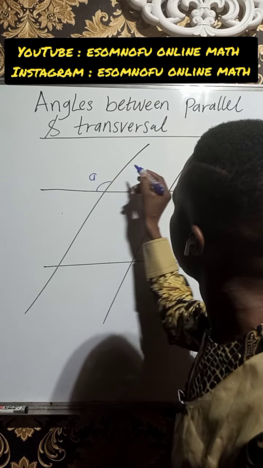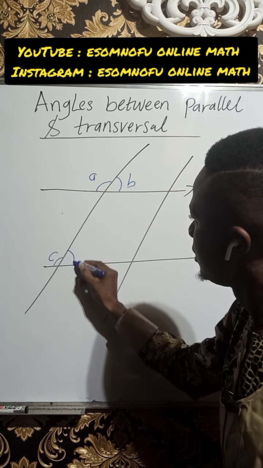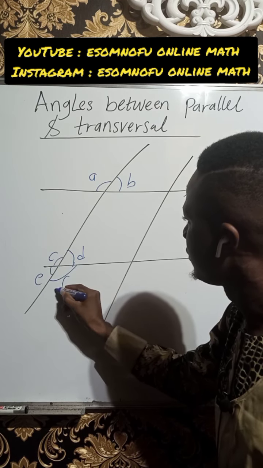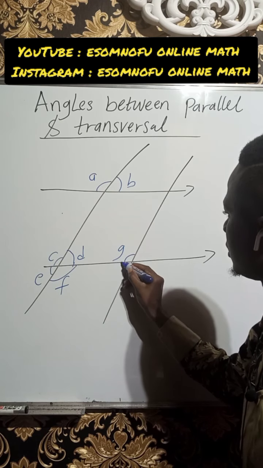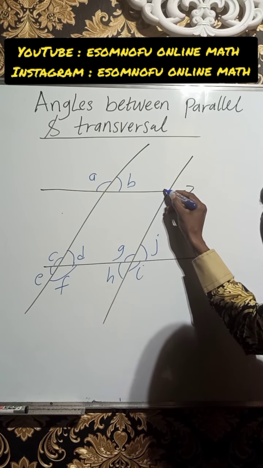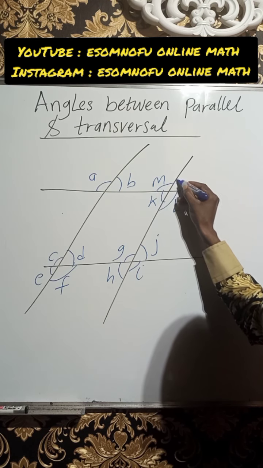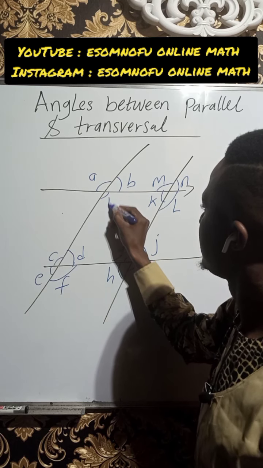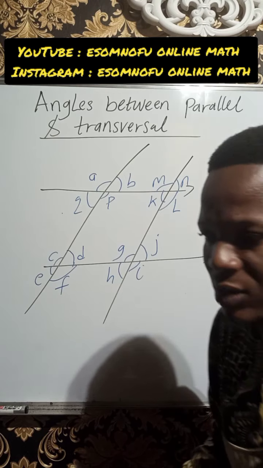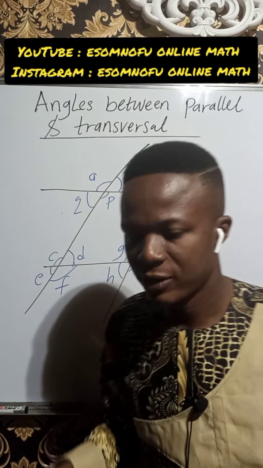I can call it angle A. Here I can call it angle B. This is angle C. This is angle D. This is angle E. This is F. Let's say G, H, I, J, K, L, M, N, let's say P, and Q. So many angles have been generated around these parallel and transversal lines. That is what we are to discuss today, angles between parallel and transversal lines.